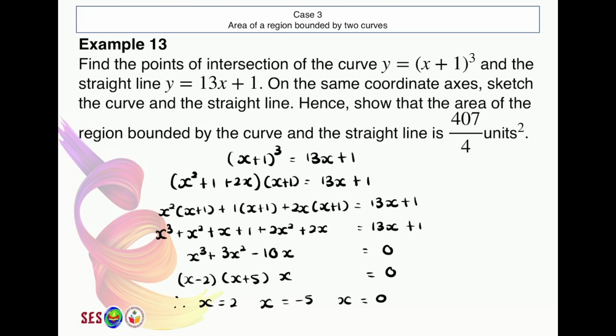So now we have three values of x. We need to substitute the values of x we got into the equation.